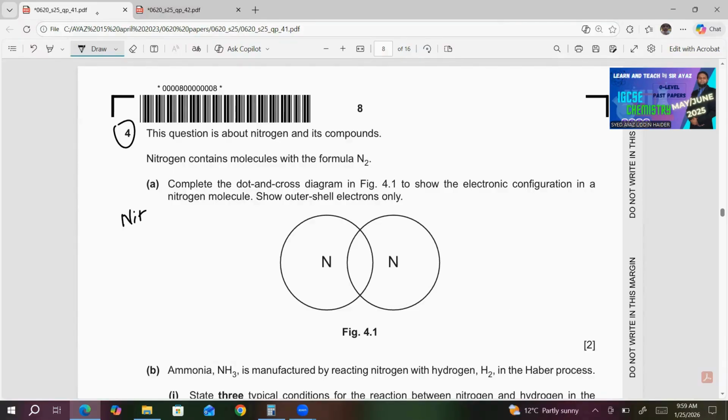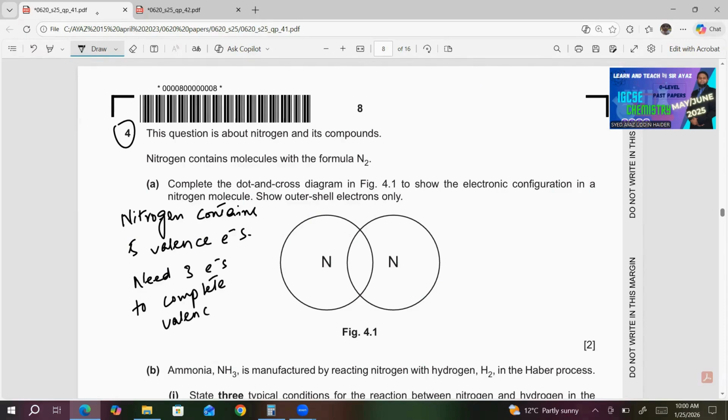Nitrogen contains 5 valence electrons. It needs 3 electrons to complete its valence shell.